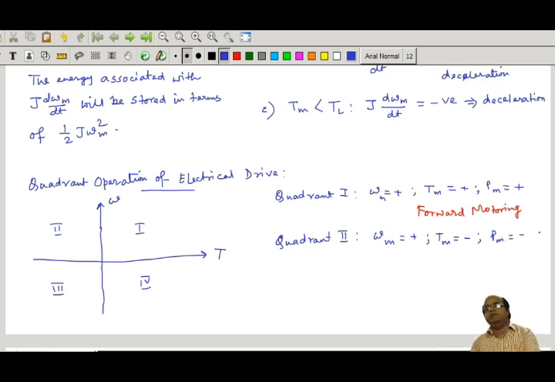That is, instead of taking or consuming power from the power source, the motor is delivering. Still, the motor is rotating in the same direction, but it delivers the power. That is called forward braking.